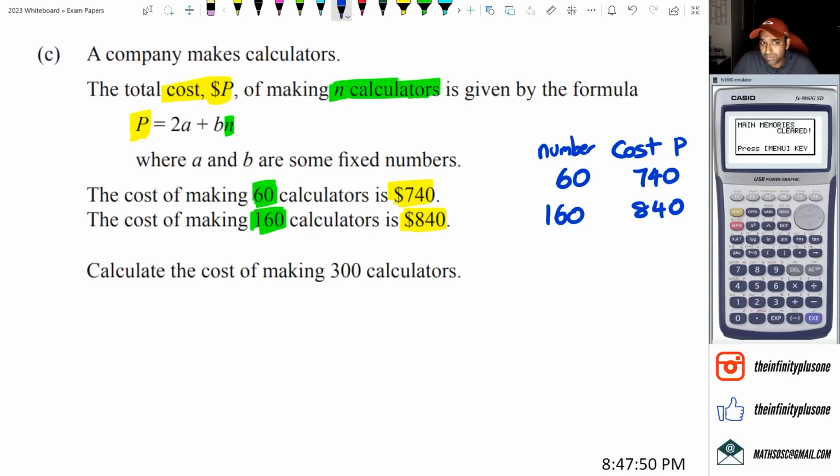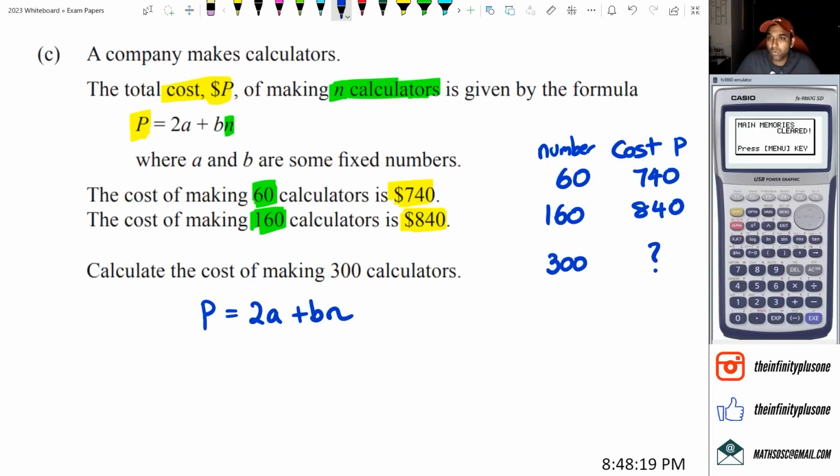So I've got all of this, but I need to figure out what's the cost of making 300 calculators. So this is the question. For 300 calculators, what is my cost going to be? Let's look at how we find the cost of something. To do that, we go back to the original formula. We've got P equals 2A plus BN.